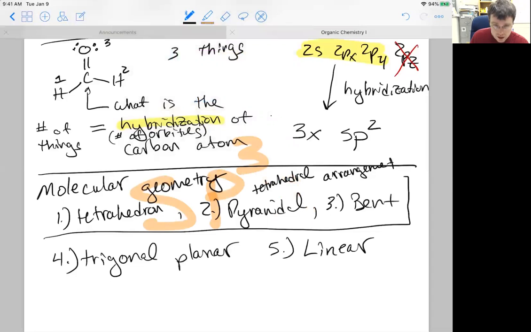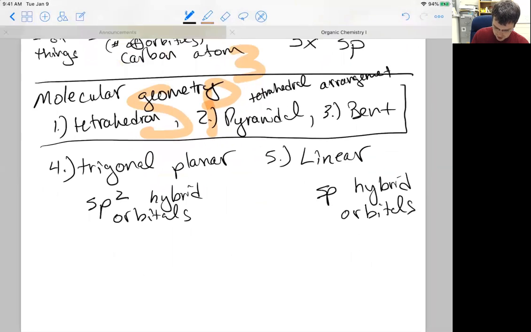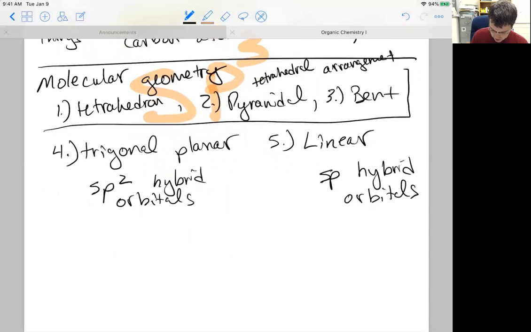The trigonal planar has sp2 hybrid orbitals, whereas the linear arrangement has sp hybrid orbitals. So linear, sp; trigonal planar, sp2.